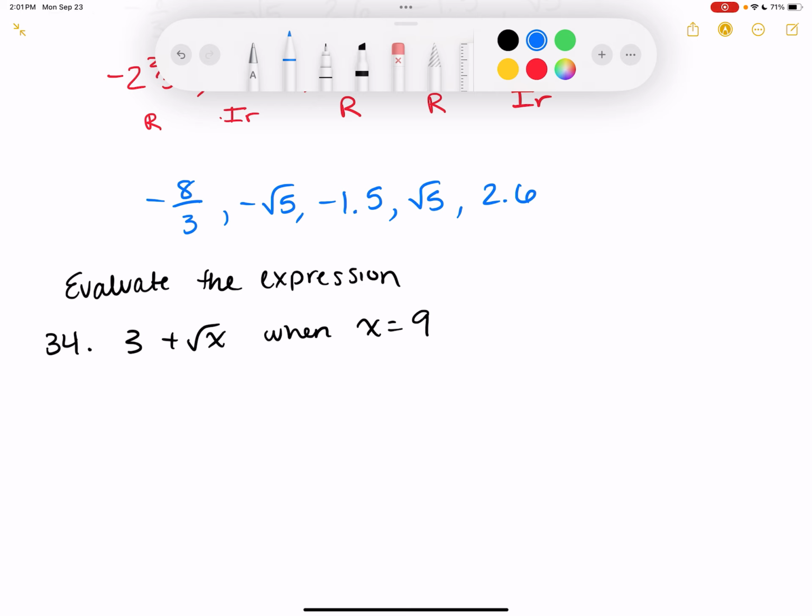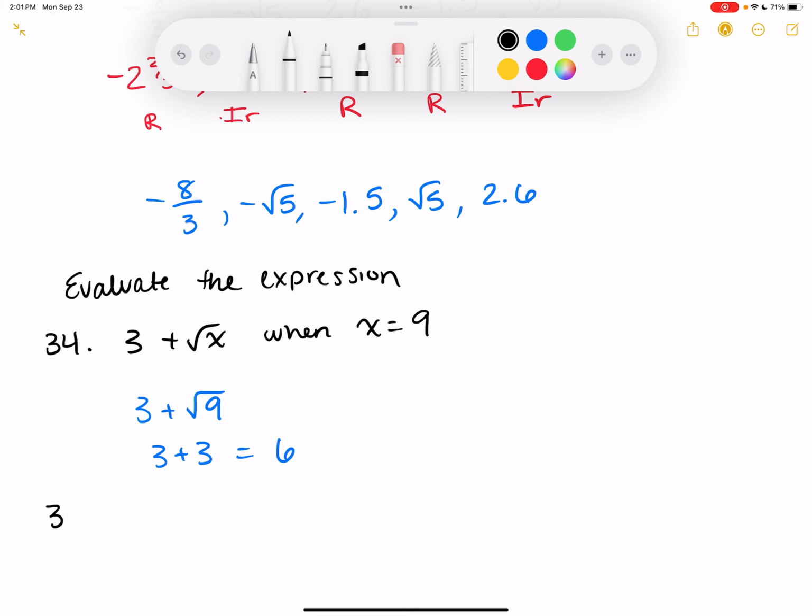So just like when we've done plugging in before, I plug in 9 for x. So I have 3 plus the square root of 9. Square root of 9 is 3. So this is 3 plus 3, which is 6. Easy. Don't get too cocky. 7. No, I'm kidding. It was a mistake.